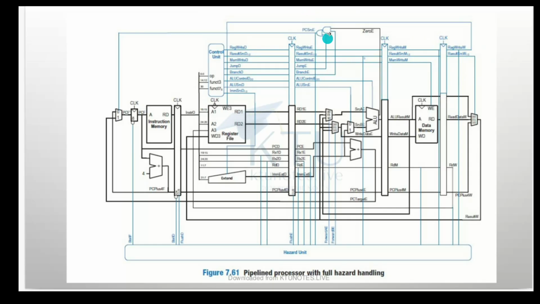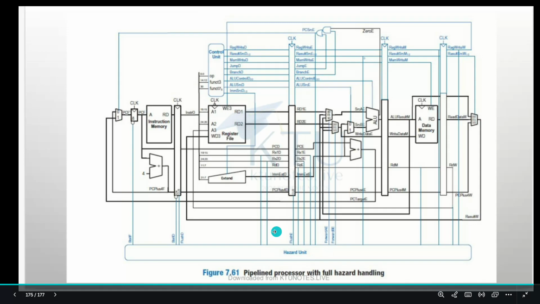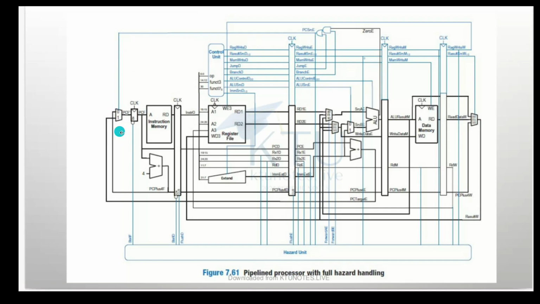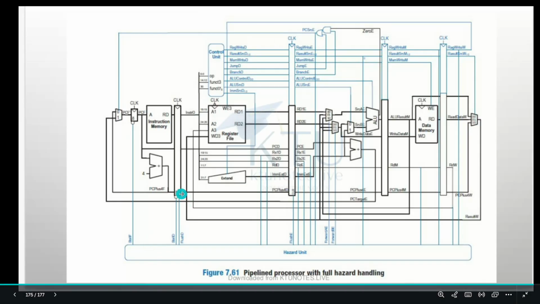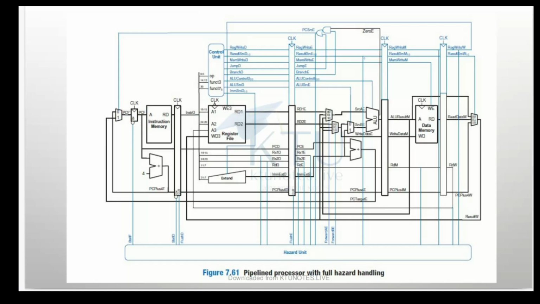Now we know PCSrc. We also have to write the PCSrc in the hazard unit, because PCSrc is actually connected here, right? So the only difference is that we have to attach flush D and flush E, and also PCSrc in the hazard unit. These are the new inputs coming from the control hazard.